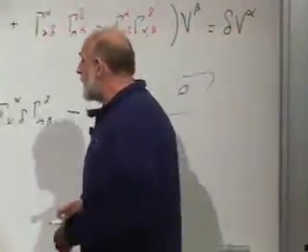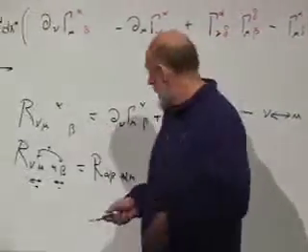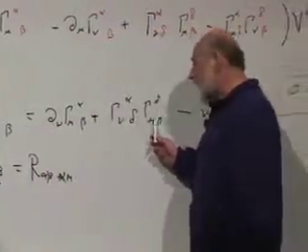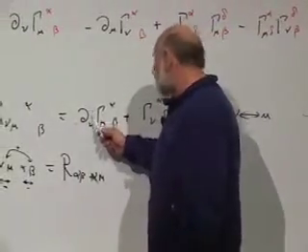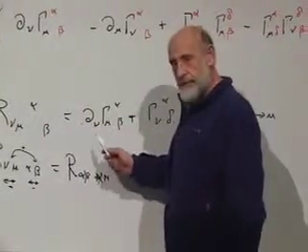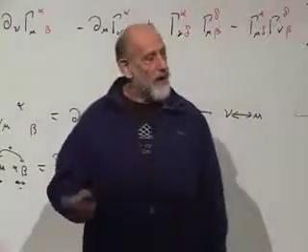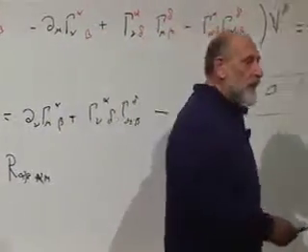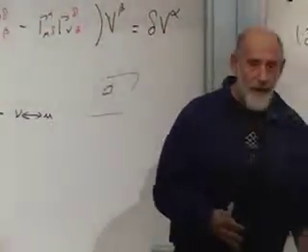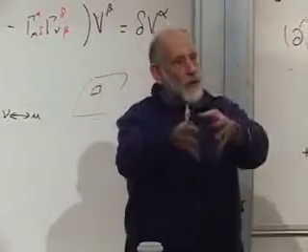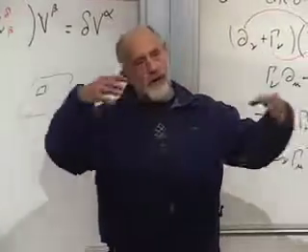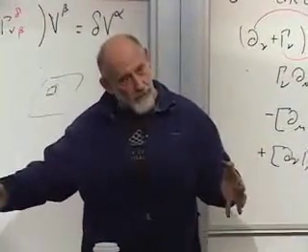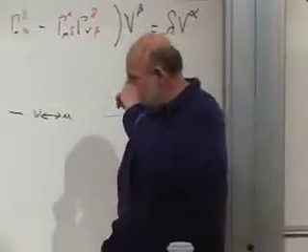So the R's contain two kinds of terms: one being quadratic in first derivatives of g, and the other being second derivatives of g. They always contain two derivatives. Sometimes the two derivatives act on one g, giving you second derivatives. Sometimes it'll be a product of a derivative of g times another derivative of g. And that's the character of the Riemann tensor.